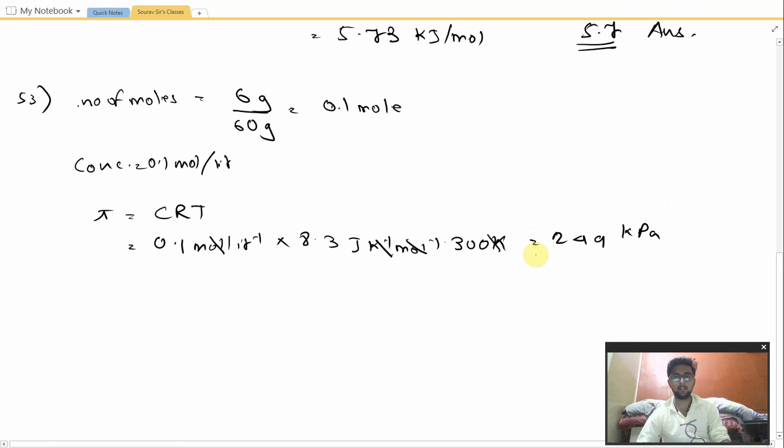So in the chat box you will be writing 249 as the correct answer, because in the question you can see that it is said to round off to one decimal place. The answer that I have got is just 249 only.